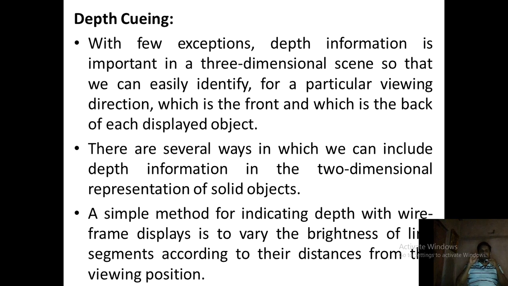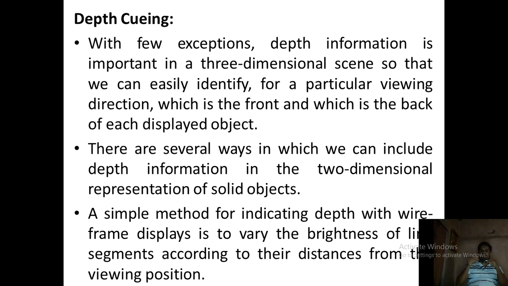The simple method for indicating depth with wireframe displays is to vary the brightness of line segments according to their distance from the viewing position. Since you are drawing those objects using lines, you can vary the brightness of line segments according to their distance from the viewing position.